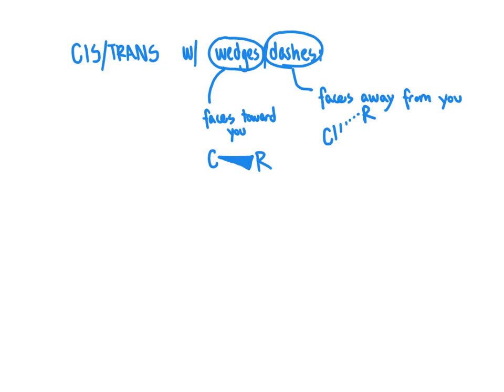So let's take a look at incorporating these wedges and dashes into cyclohexane structures. We can draw cyclohexane as a line angle formula or a skeletal formula, like so, our 6-atom ring. We can plug in a group here coming off as a wedge, and we can fill in what we want here at the end. So I'll put an isopropyl group on there to keep that as a line angle formula.